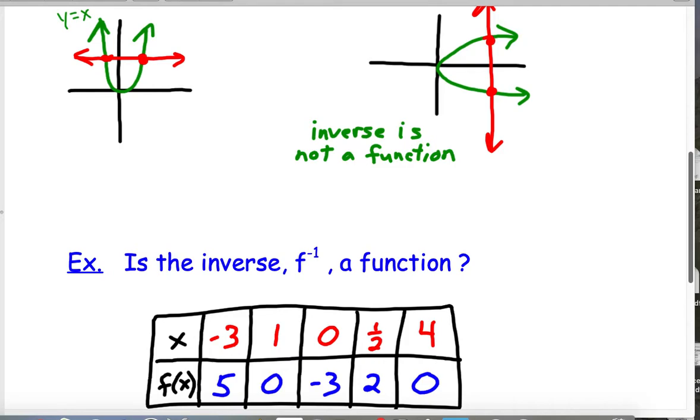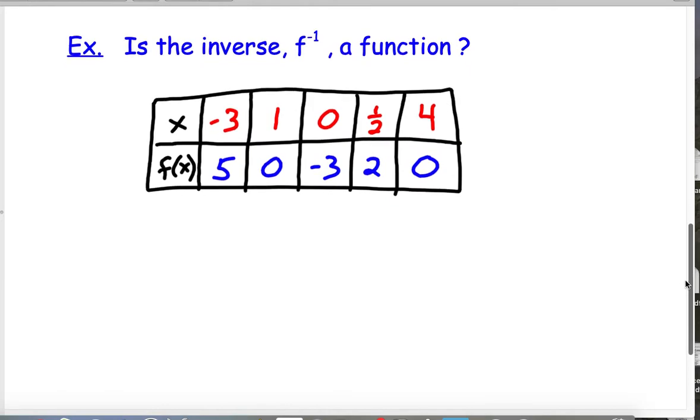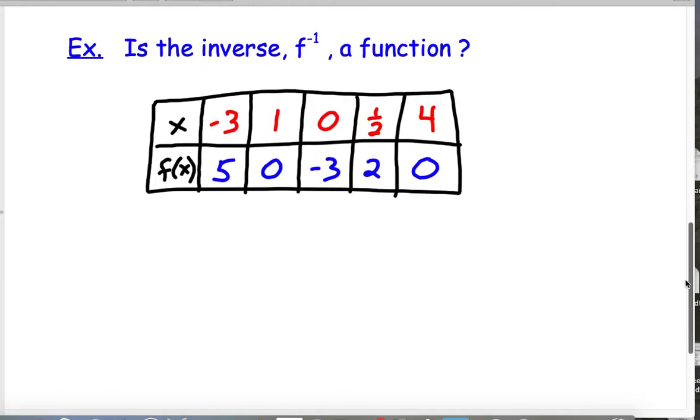Let's say we have this function here, and you just see a table of 5 ordered pairs. So is the inverse going to be a function? Well, let's write out what the inverse is going to be. We're going to switch all the x's and y's. So now we have 5 comma negative 3.